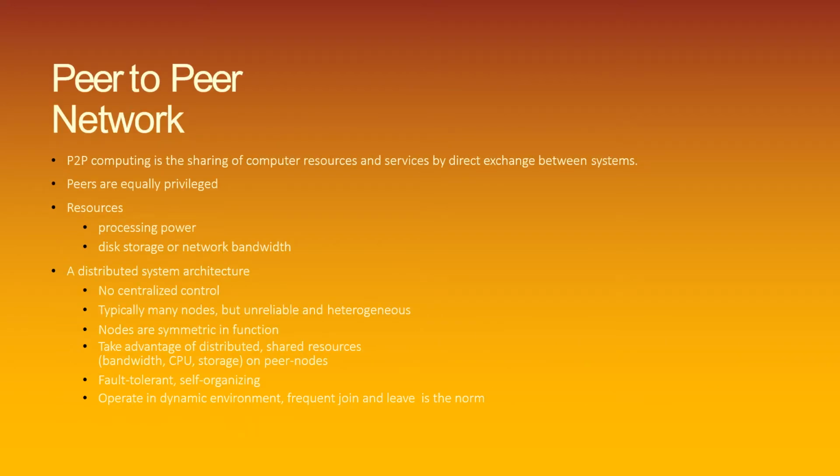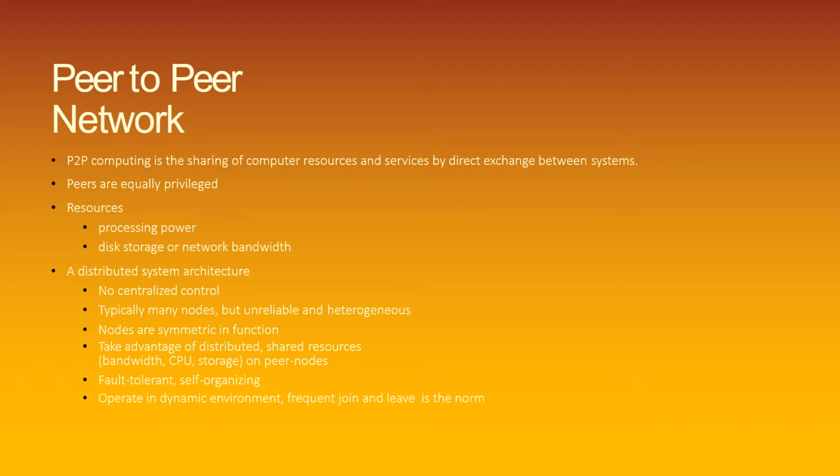In this slide, let us know what a peer-to-peer network is. A peer-to-peer network, in short form, can be called a P2P network. P2P computing is the sharing of computer resources and services by direct exchange between systems. Actually, these peers are equally privileged. Coming to the resources of the P2P network, the resources we have here are processing power, disk storage or network bandwidth.